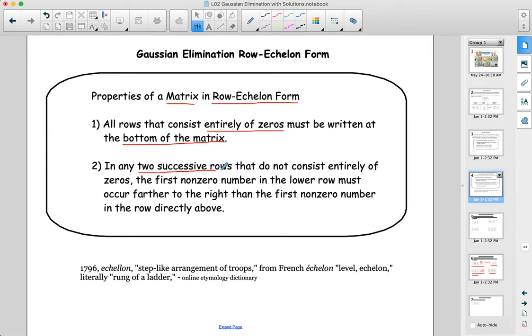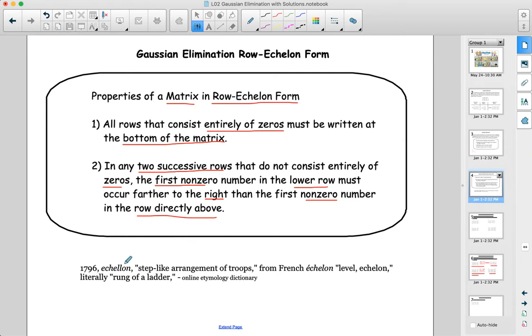For any 2 successive rows, one below the other, that do not consist entirely of zeros, the first non-zero number in the lower row has to occur farther to the right than the first non-zero number in the row directly above it. So it cannot be underneath it. Look for the first non-zero element in one row, go down, find the next non-zero element in the row below it, and that needs to be to the right.